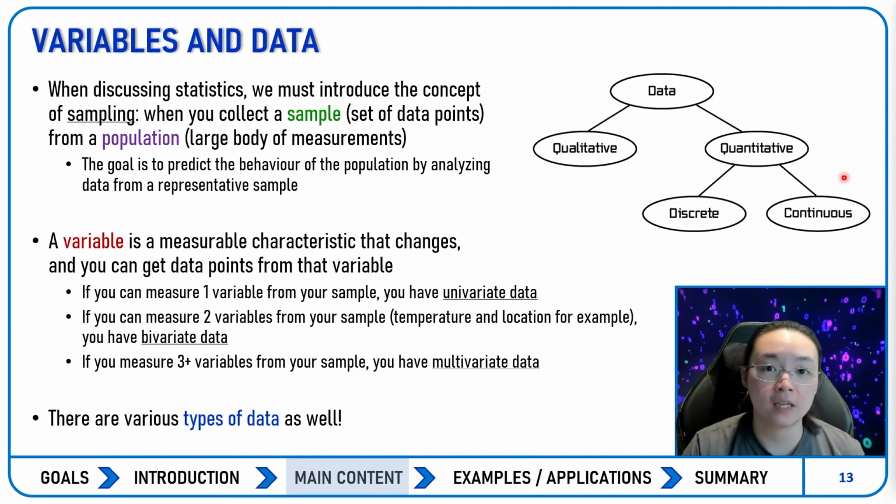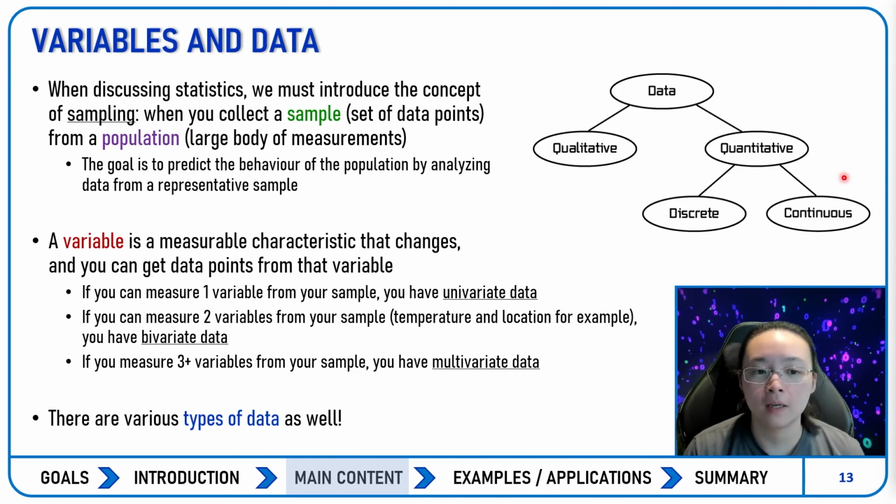There's also quantitative data, and underneath quantitative, there's 2 different types of data sets that we can have. We can have discrete data, or we can have continuous data. From the example we had before with temperature, because we can have 27.1, 27.2, we can have real number values for that data. We consider that continuous.